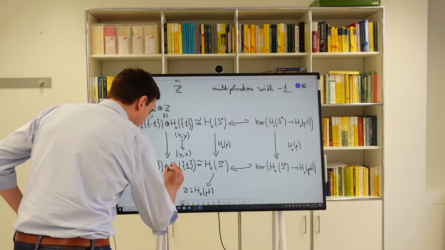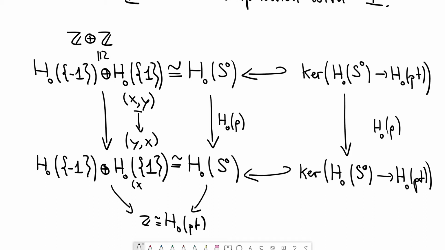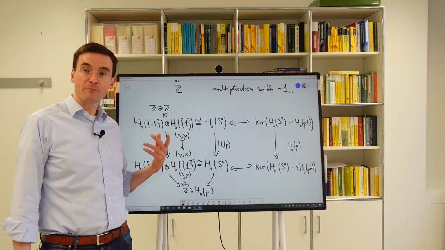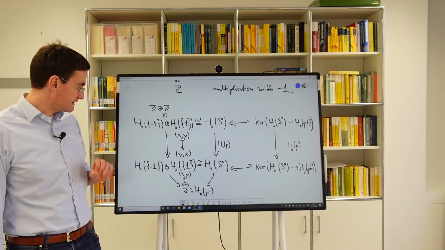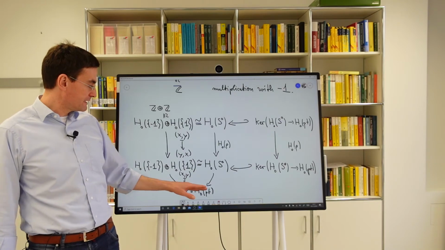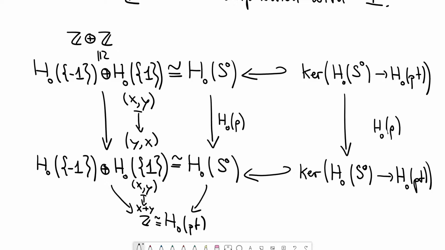So again, thinking of an element in here as an element (x,y) in Z plus Z, this is mapped to x plus y under this map. And if you want to understand now the kernel, well, the kernel consists of all elements (x, minus x) in this sum. So these are exactly the elements that are mapped to 0 under the canonical map to the point.